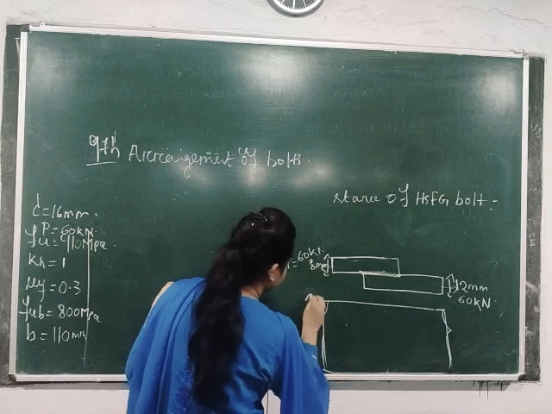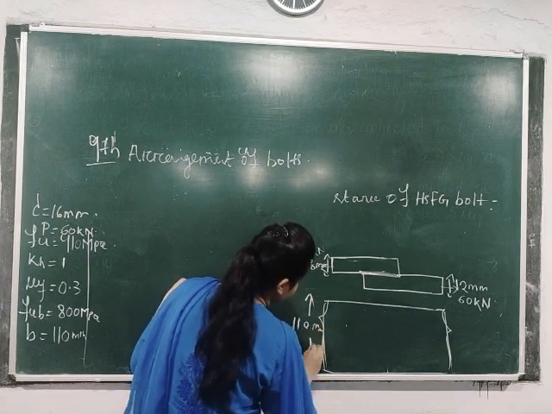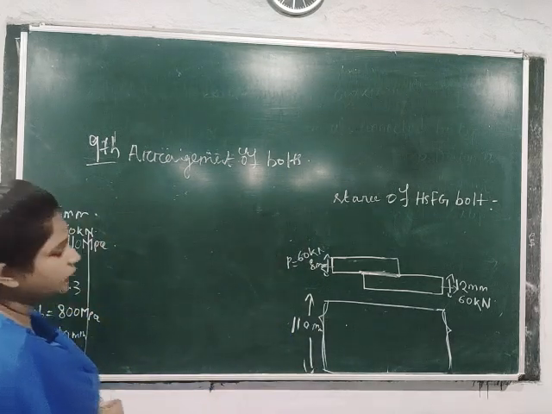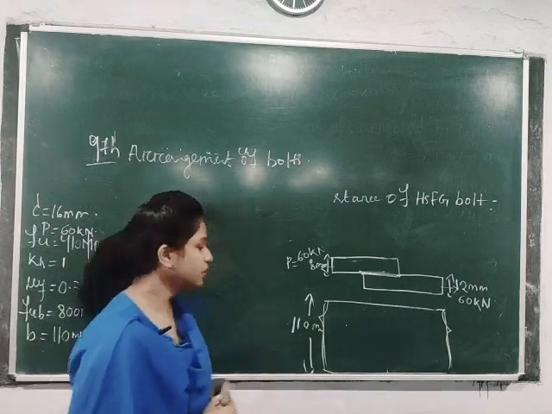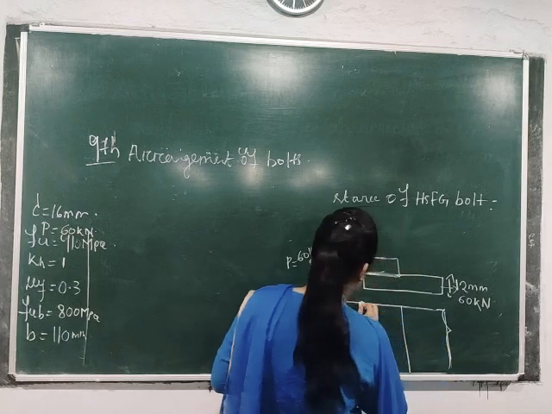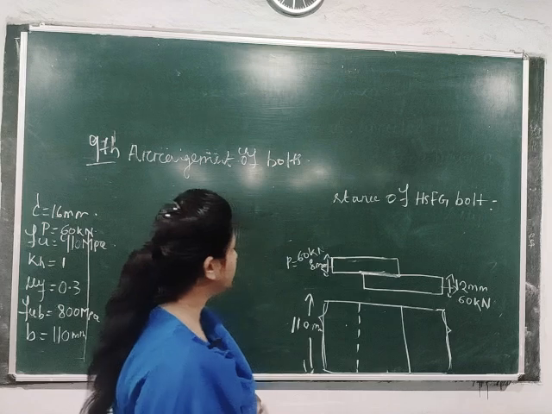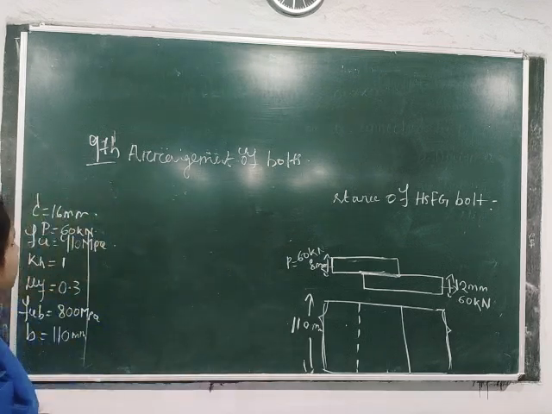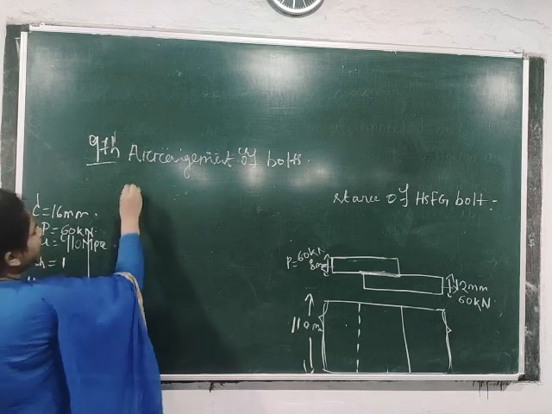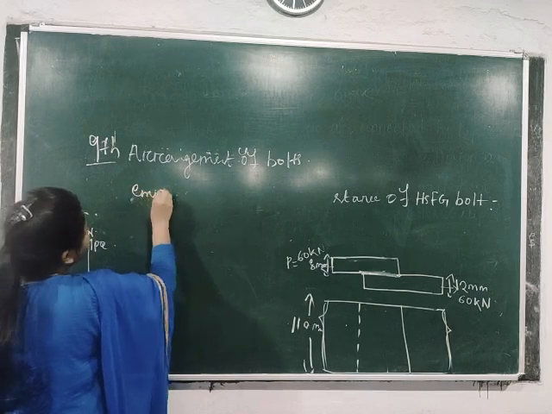So the width of the plate is given in the question, that is 110 mm. Okay, and we got the number of bolts required as 3. So here just calculate the minimum end distance and minimum pitch distance.